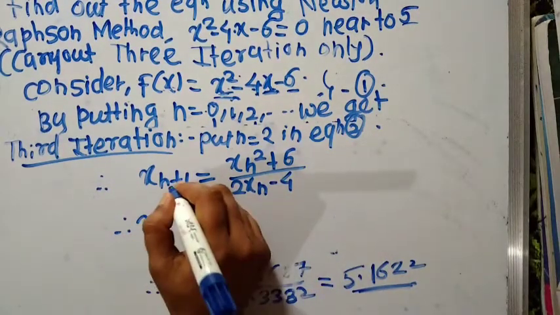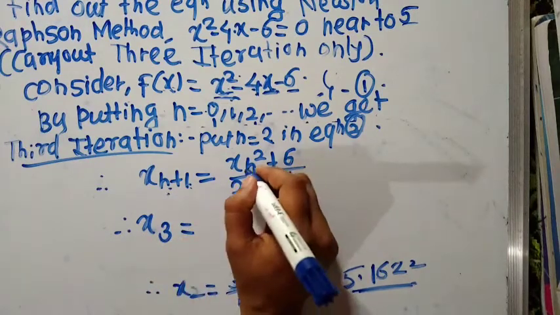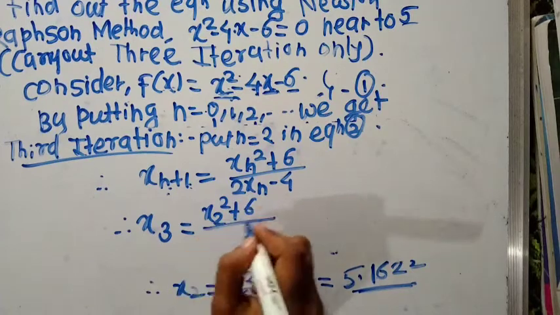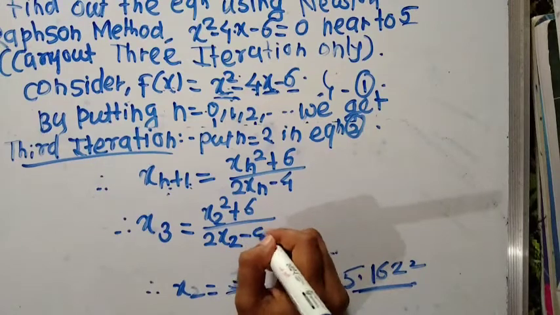So here n is 2, 2 plus 1 is 3, so x3 is x2 square plus 6 divided by 2x2 minus 4.